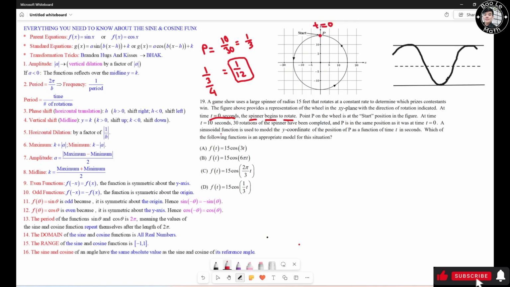Now, since the sinusoidal function is used to model the y-coordinate, we need to project on the y-axis, not the x-axis anymore, right? In example number 18, we projected the point P on the x-axis. Now, this is on the y-axis, so keep that in mind. So right here, you must have the y-coordinate.